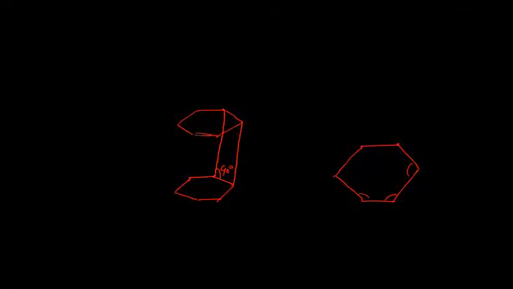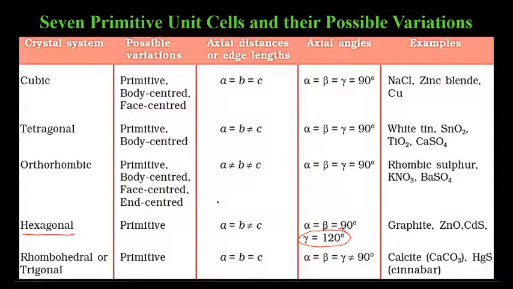I'll show the detailed diagram later on, but for now, this should be sufficient. So in hexagonal, that's why one angle will become 120 degrees. Remember, due to the hexagon.